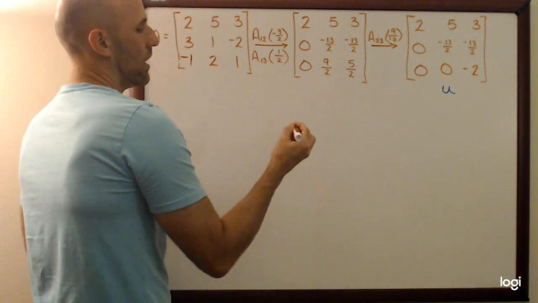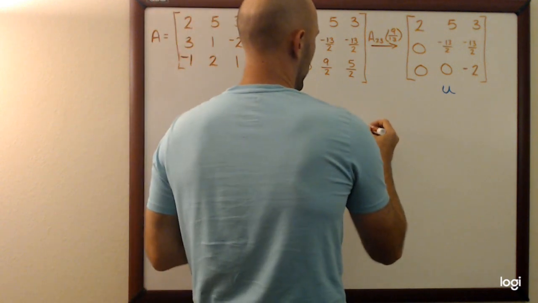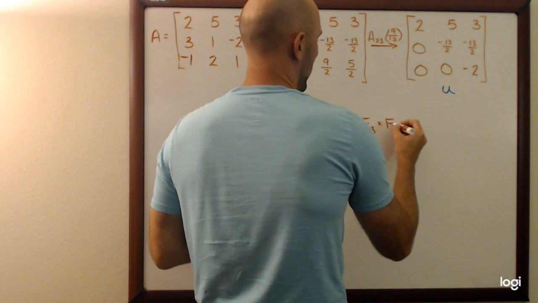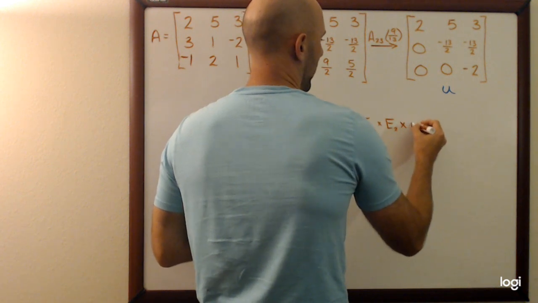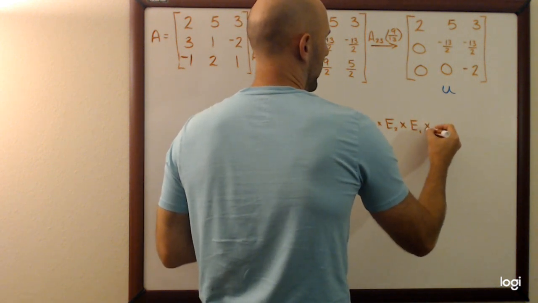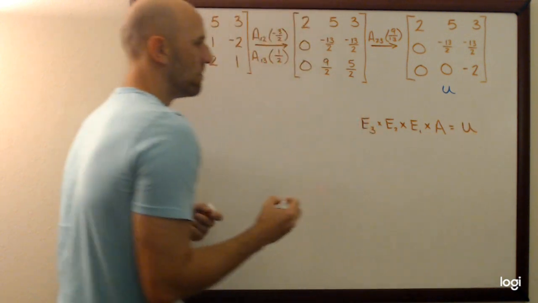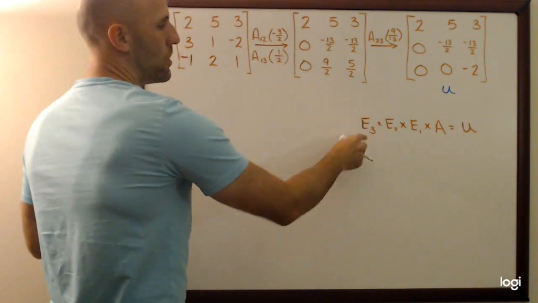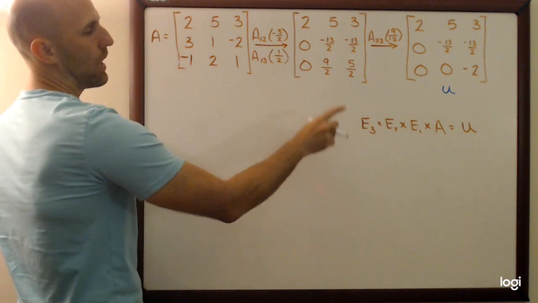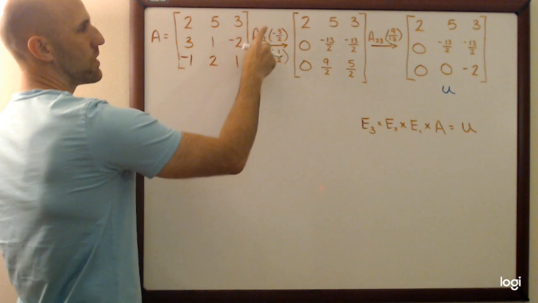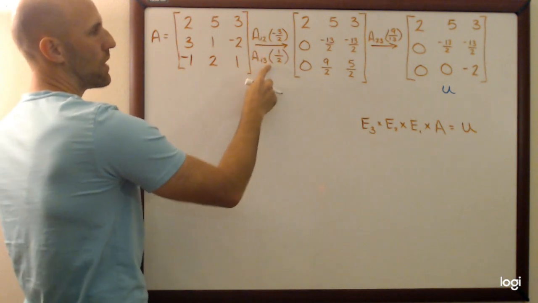It can be represented as E3 times E2 times E1 times A equals U, where E1, E2, and E3 are the elementary matrices corresponding to A12, this row operation, that one, and then this one.